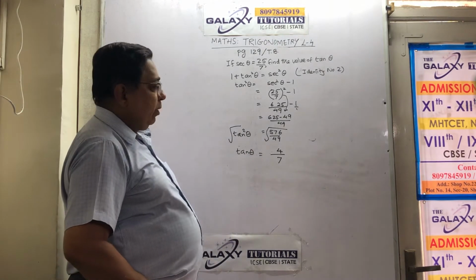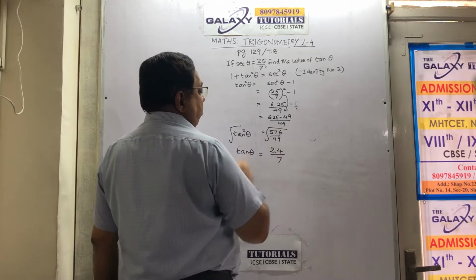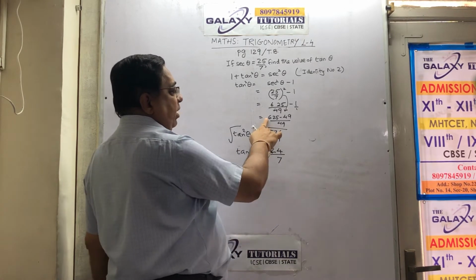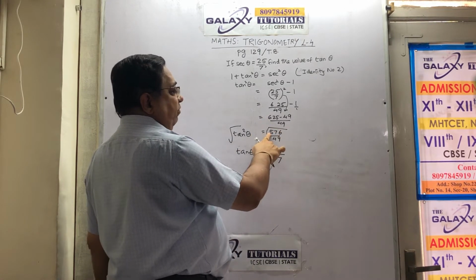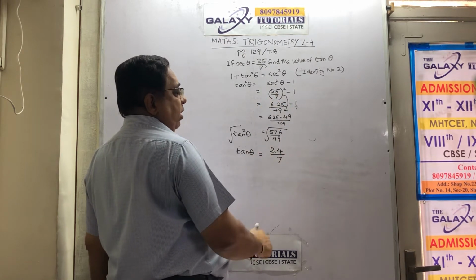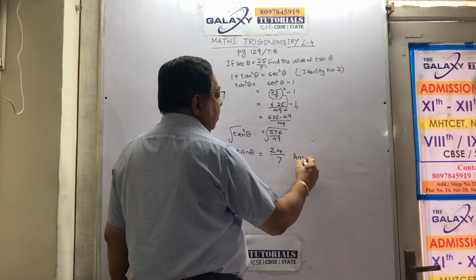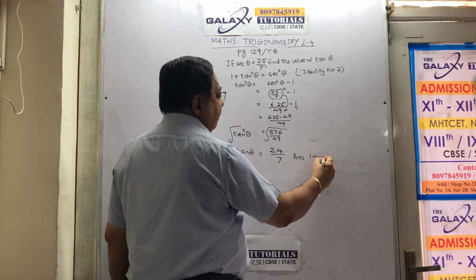So I will remove the square roots. My answer is 24 upon 7. This is my answer and I get 1 mark.